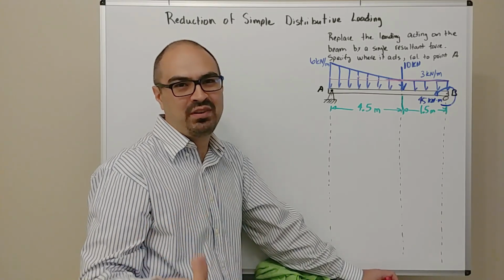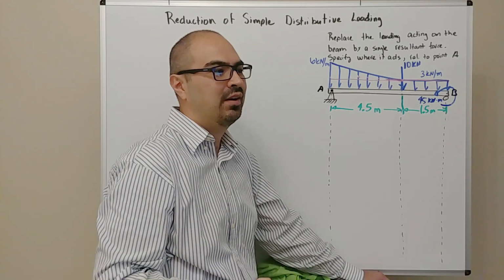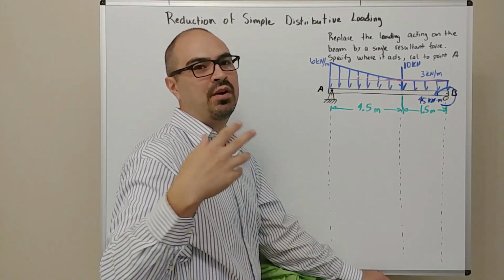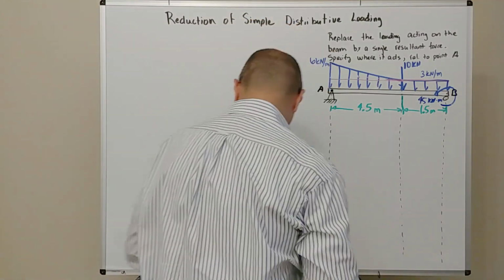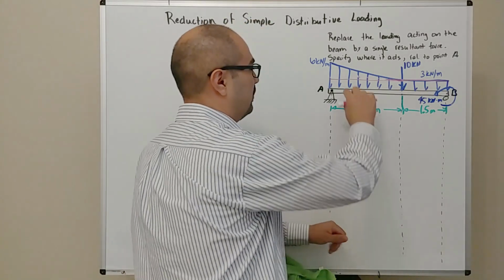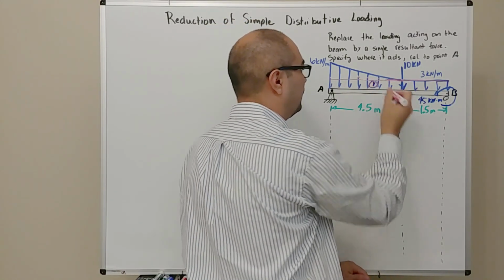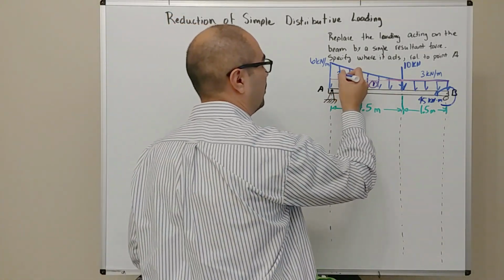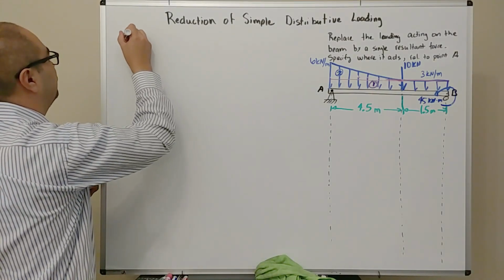As long as we do everything correctly, it doesn't matter into how many simple shapes we divide, right? The advice is always to divide into the least amount possible that's going to simplify your life. So again, what I will do over here is first the strip. Maybe we do this one first, and then we'll do the triangle. We'll call it simple area number 2. So let's calculate the areas.